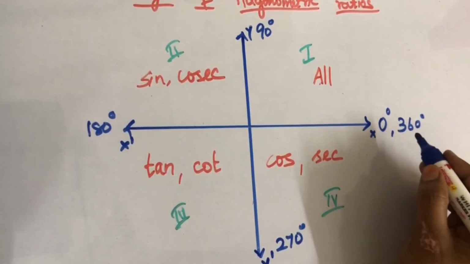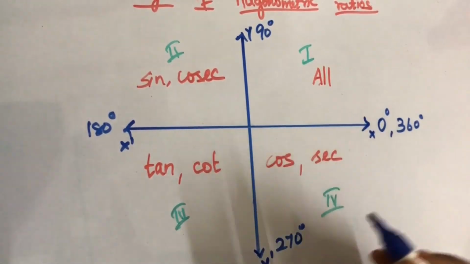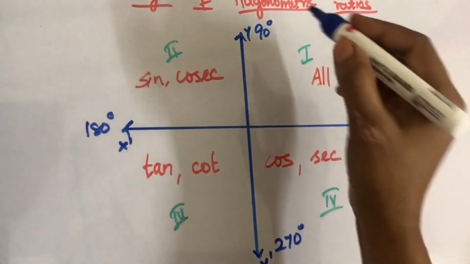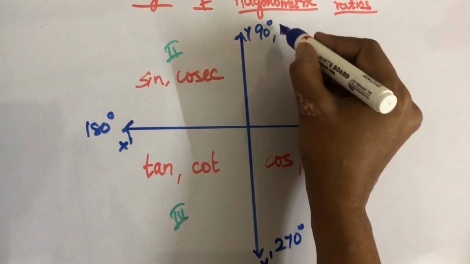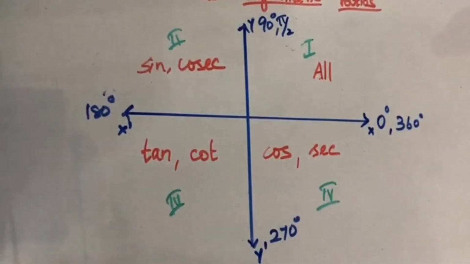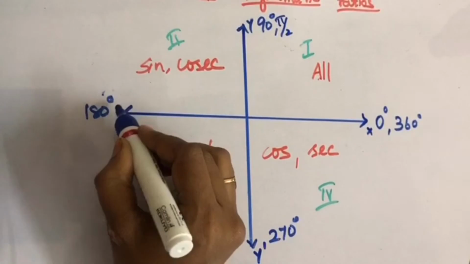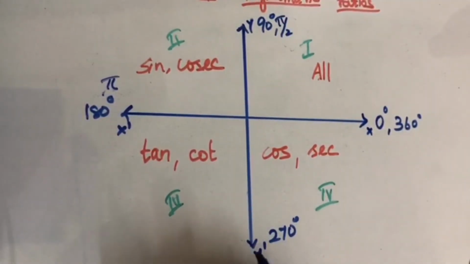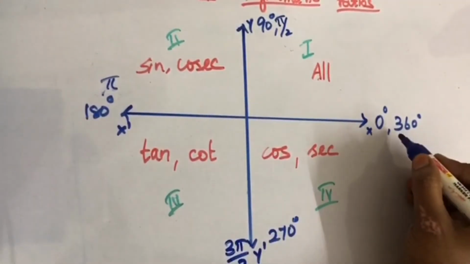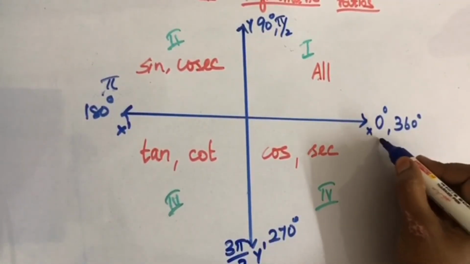When we write the angles in radian measures, 90 degrees can be written as pi by 2, 180 degrees as pi, 270 degrees as 3 pi by 2, and 360 degrees as 2 pi.